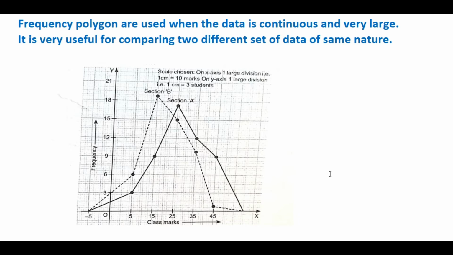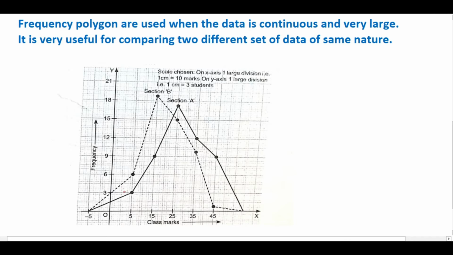For example, here we can see the marks of the students of section A as well as section B on the same frequency polygon graph, and we can compare their performance in these two sections.